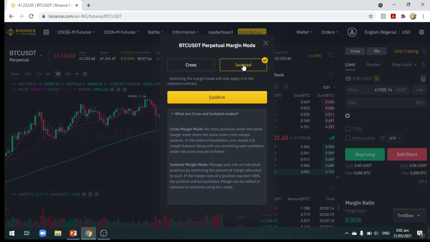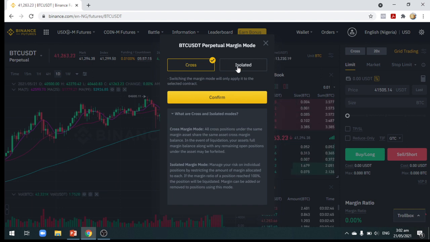Now, basically cross margin allows you to use one margin for all your open positions, and if one of your positions requires more margin, then the extra margin can be taken from the other open positions or from the entire account to keep that particular position open.